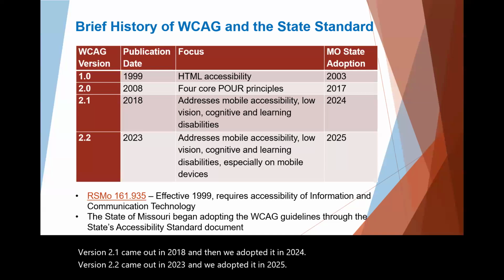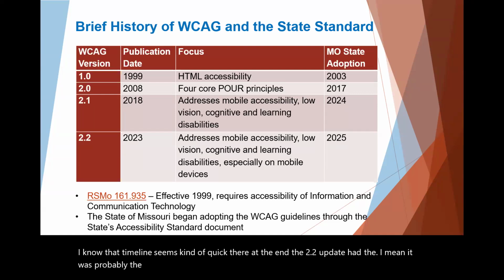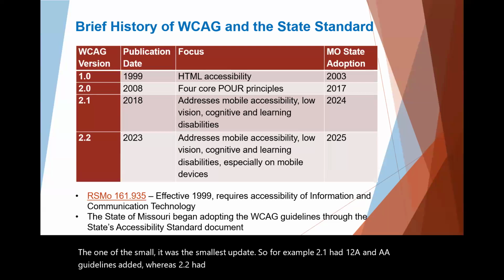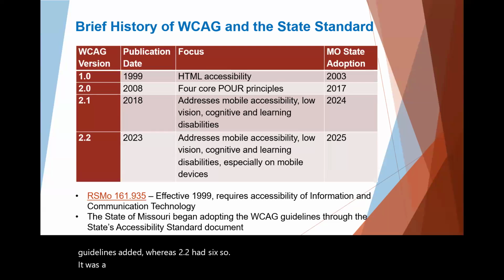I know that timeline seems kind of quick there at the end. The 2.2 update was the smallest update. For example, 2.1 had 12 A and AA guidelines added, whereas 2.2 had 6. So it was a smaller update.